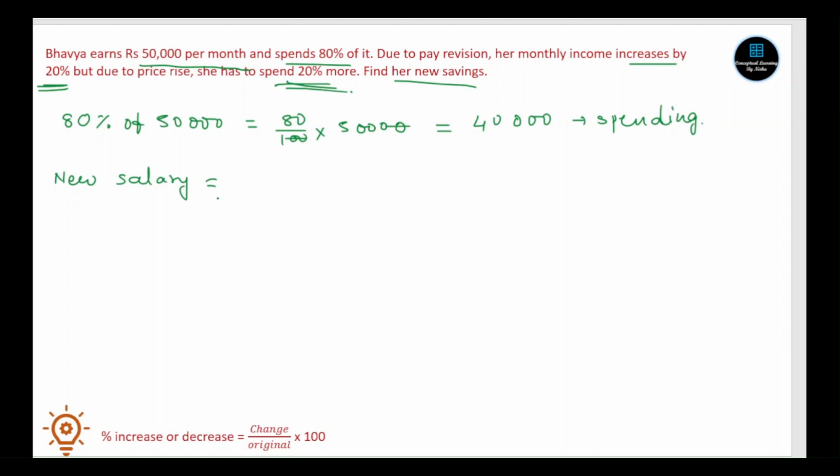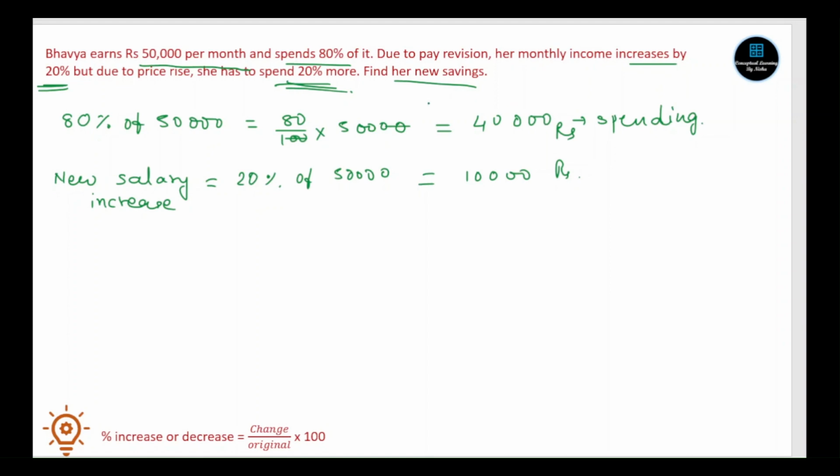So let's write it out. Which is nothing but the salary increase, which is equal to, you'll get 10,000. So her salary is increased by 10,000 rupees, okay?